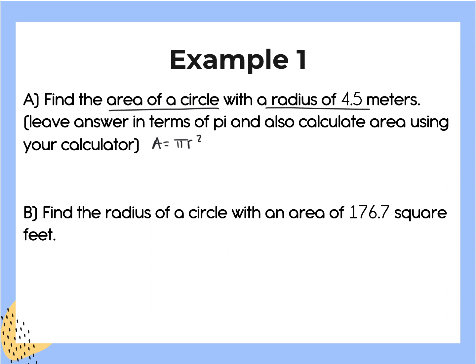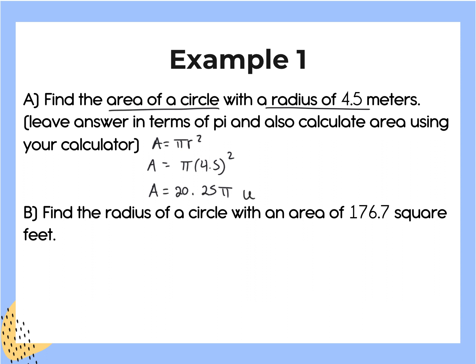So all we have to do is plug it in, see what happens. So we're going to do A equals pi times 4.5 squared. Now 4.5 squared, I'm going to use the calculator to solve it right now. It's going to be 20.25 pi.